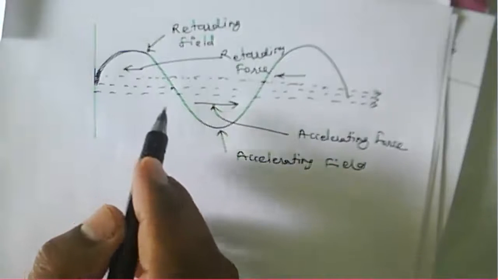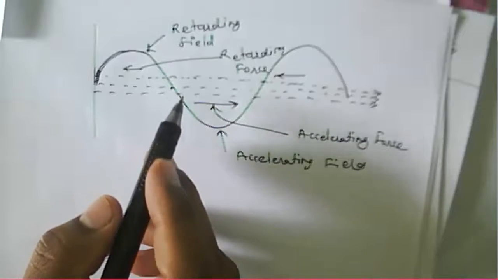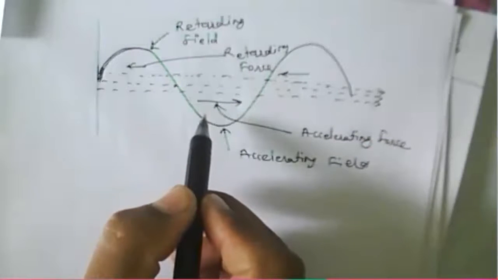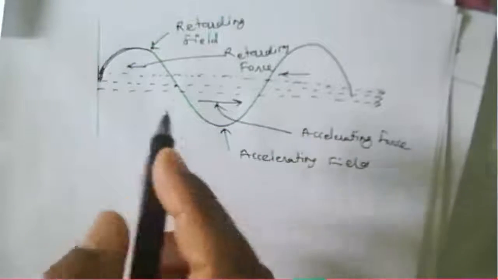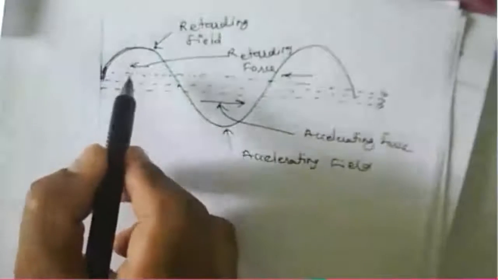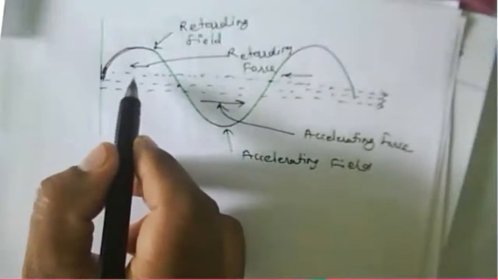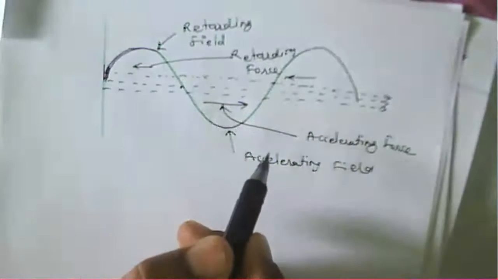But electrons entering in the accelerating field will be accelerated, and electrons entering in the retarding field are decelerated. Because of that, some electrons move slower and some move faster, and because of the slower and faster electrons, they provide the bunching.